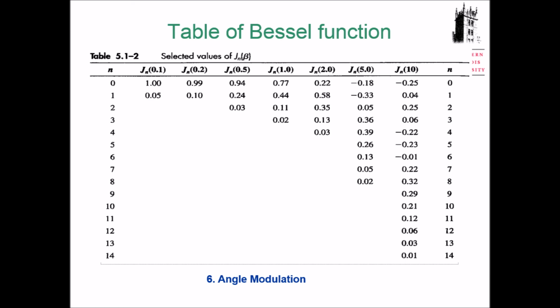Beta will be given. Here, beta is 1. We know my threshold is 0.01. We try to figure out what my N is. So you look at your table.